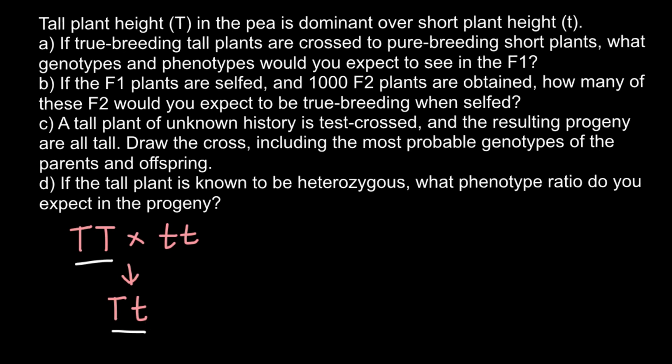So next question: if the F1 plants are selfed, and this is the F1 generation, and 1000 F2 plants are obtained, how many of these F2 would you expect to be true breeding when selfed?